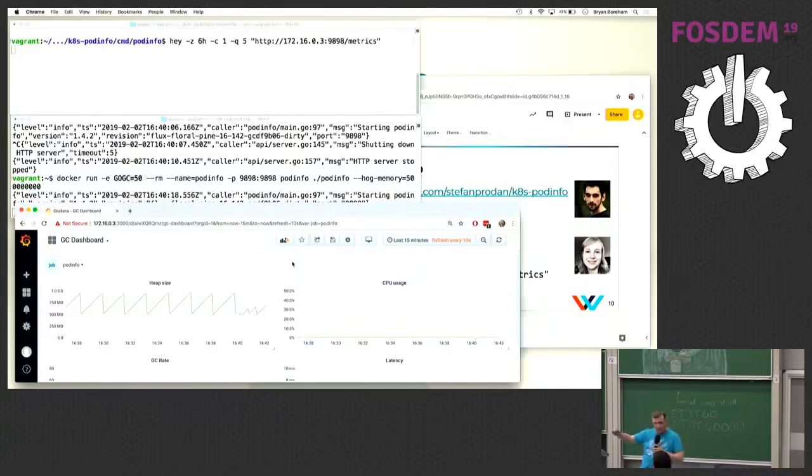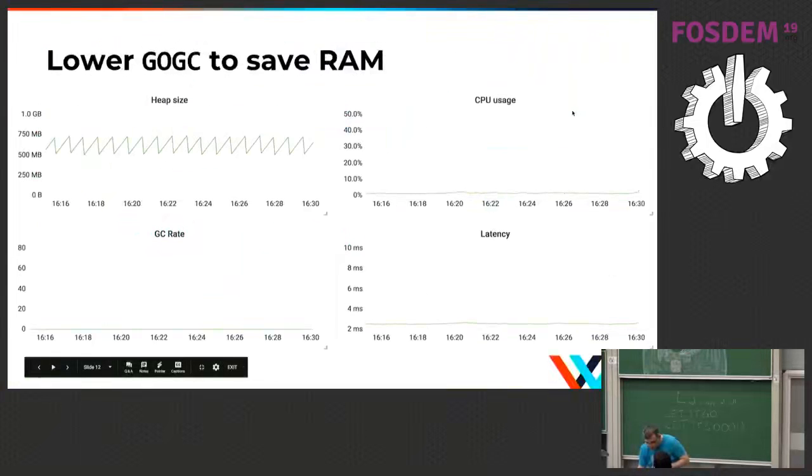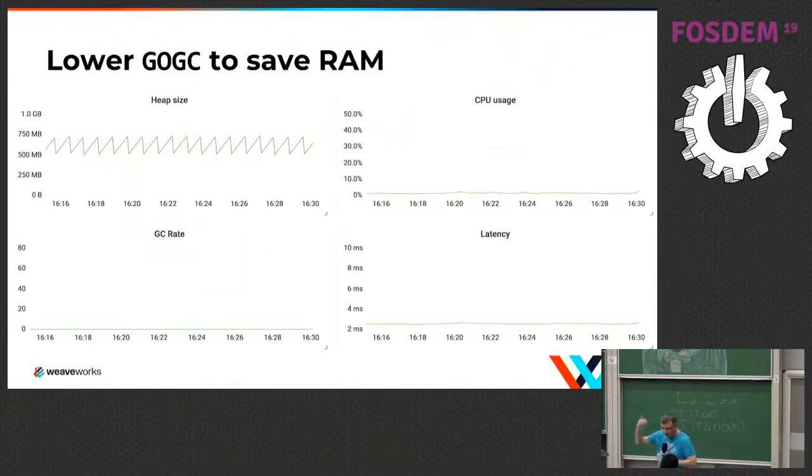And my chart's kind of working. I did one earlier. Let me just find that, go back to the slides. So large stable data set, yeah. So if you tune it to 50, the garbage collector lets it go 50% bigger, and everyone's happy.